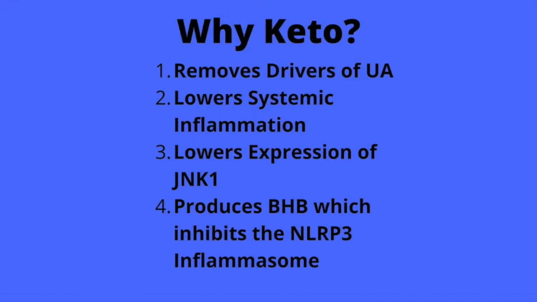A consequence of us burning fat in the keto lifestyle is we produce small molecules which are called ketones. And one of those ketones is called beta-hydroxybutyrate. And beta-hydroxybutyrate directly inhibits the NLRP3 inflammasome.